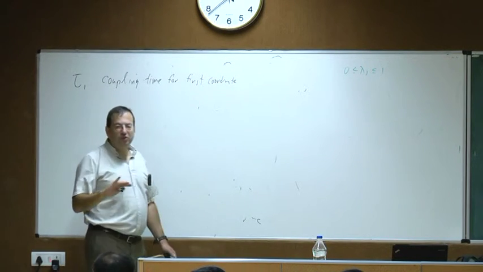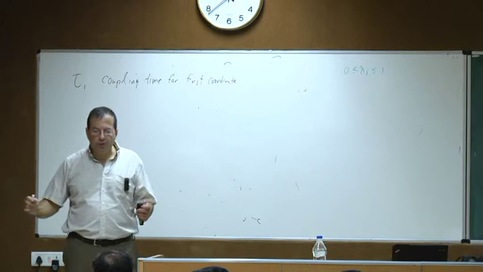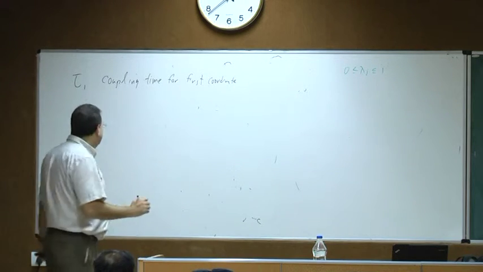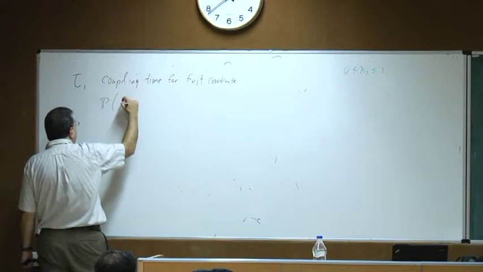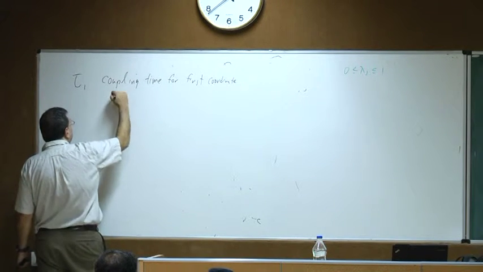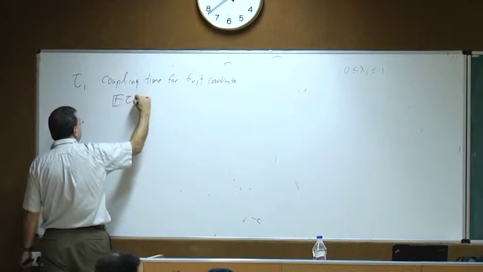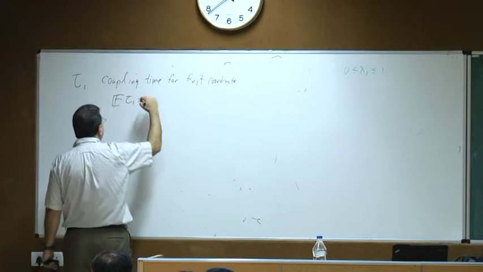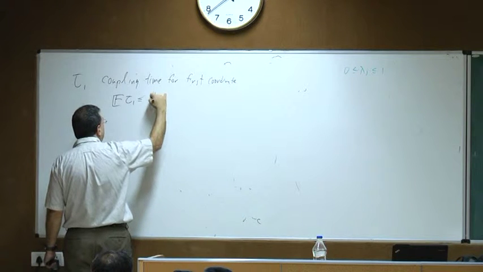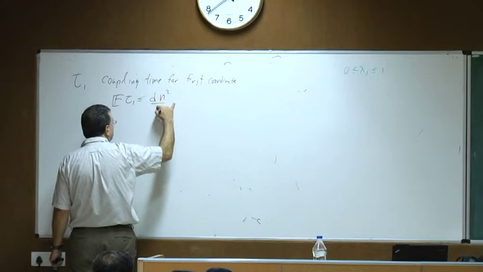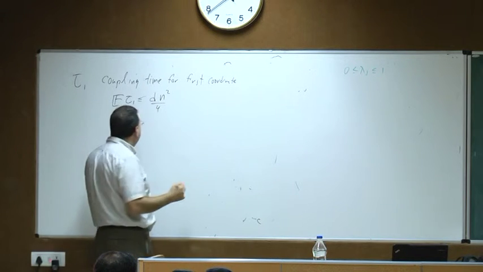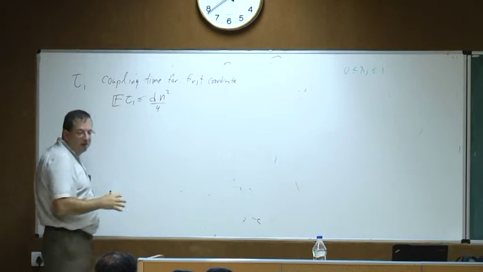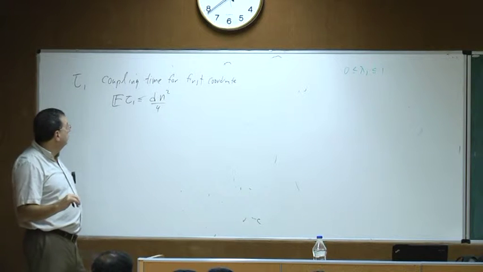So this is not the first to couple, just the first in the original ordering. Now, we already argued that the expectation of tau 1 is at most d times n squared over 4. So this we've argued, and this is true for any one of them; 1 is just an example here.